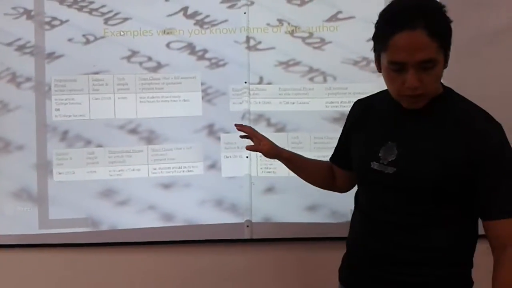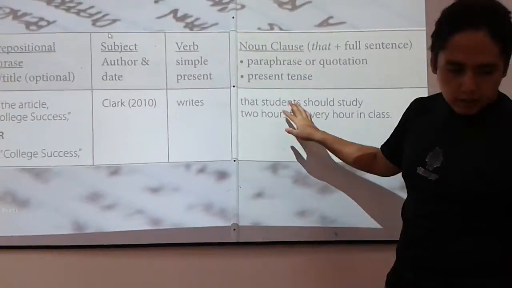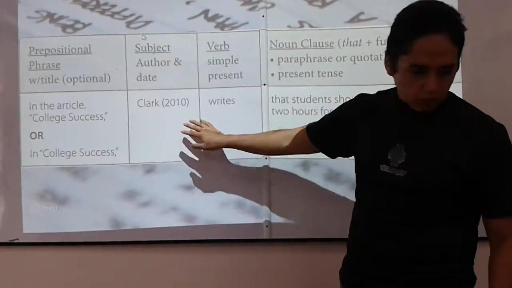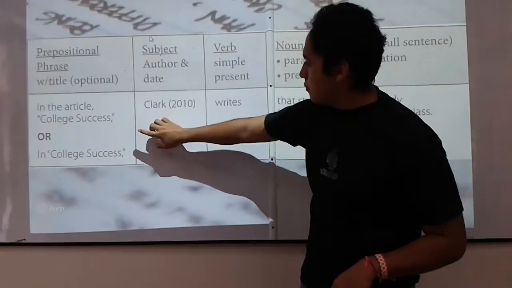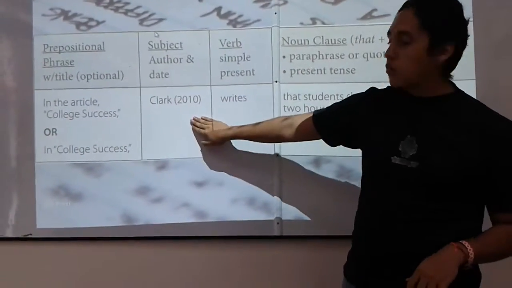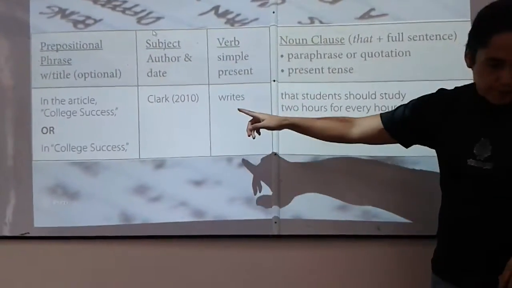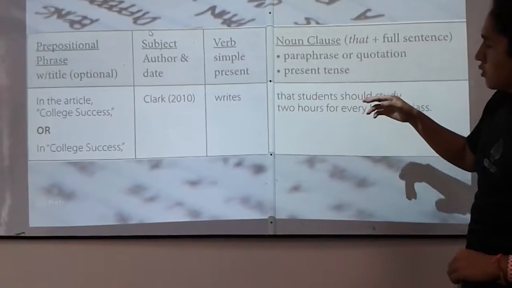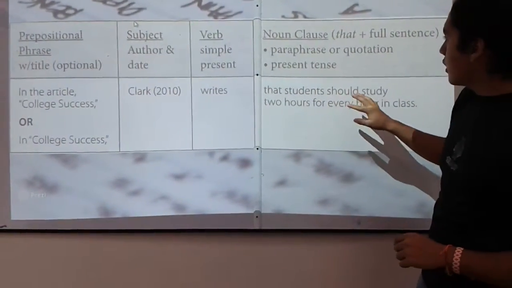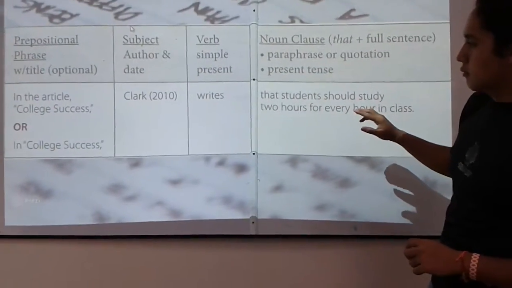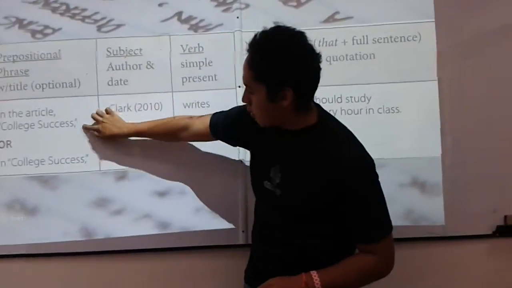When we know the name of the author, we can put the title every time, the name of the author, the year, and it's optional. We can put it in this way or in this way.